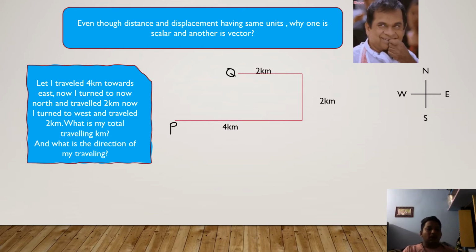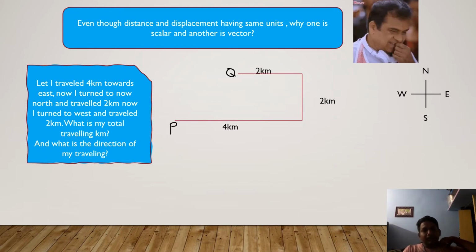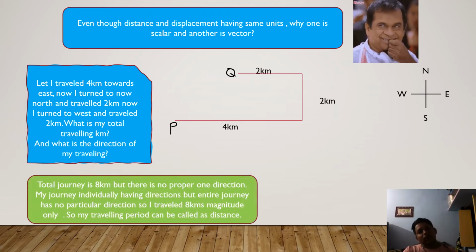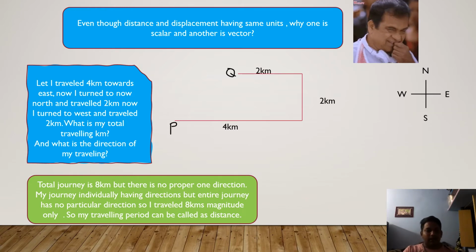What is my total journey? That is 8 kilometers. In which direction did I travel? The total journey is 8 kilometers, but there is no proper single direction. My journey individually has directions, but the entire journey has no particular direction. So I traveled 8 kilometers, magnitude only. There is no direction for my traveling.